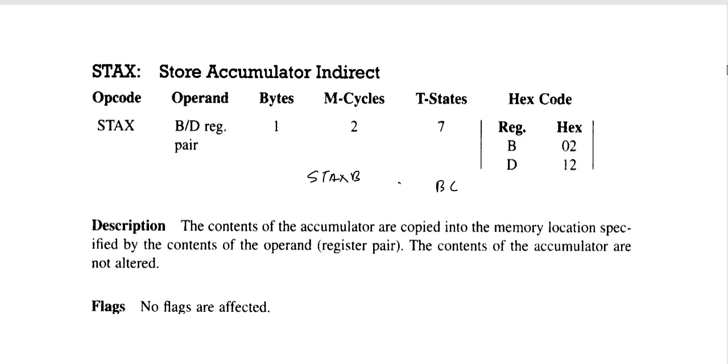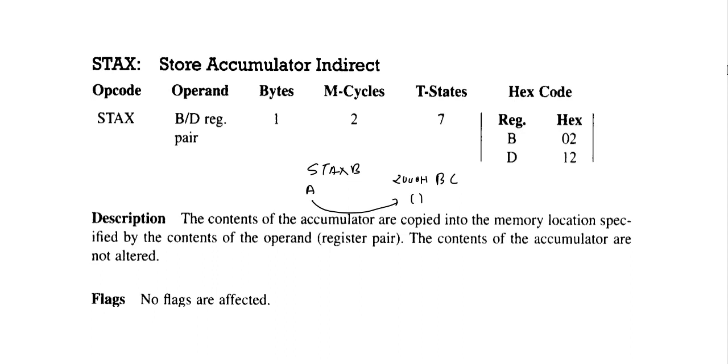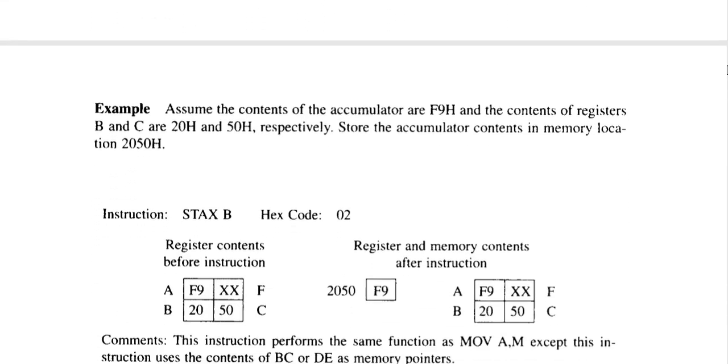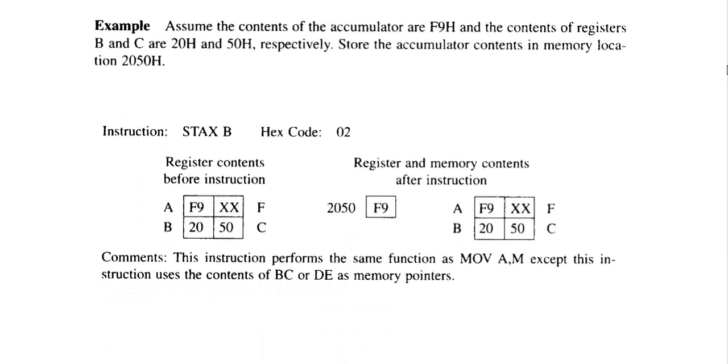If the address is 200H, then it will move the content of the accumulator to the given address which is in this register pair. You can also see the example here. For example, if BC has the value 2050, this is the address, and the accumulator has the value F9, then it will move the value F9 to this memory location 2050.